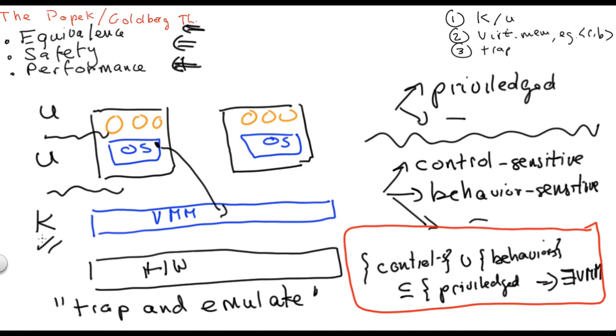Instructions, for example, that are intended to have a transition between the application and the operating system, let's say a system call instruction, normally is a transition between the application and the OS. In this case, the way we implement a system call instruction is that this is a trap. All traps are handled by the VMM. The VMM emulates the semantic of that instruction, so it decodes the instruction, recognizes that this is a system call instruction, and changes transfer of control into the trap handler of the operating system itself. And therefore, you can make forward progress by emulating the system call instruction.